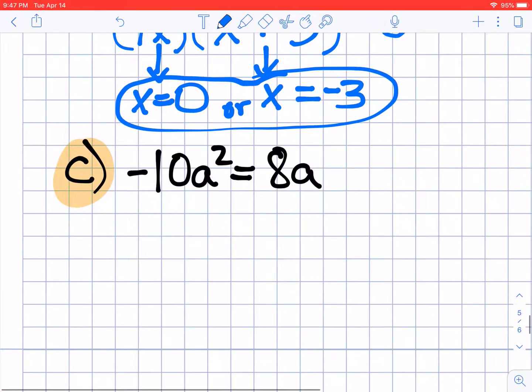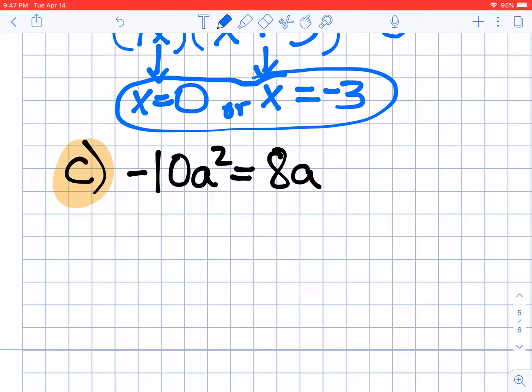This last problem looks strange for one big reason, and that's because notice on either side I do not have a 0. Okay, and that's a problem. We need a 0 somewhere. So, job 1, make it equal to 0. We have two choices.